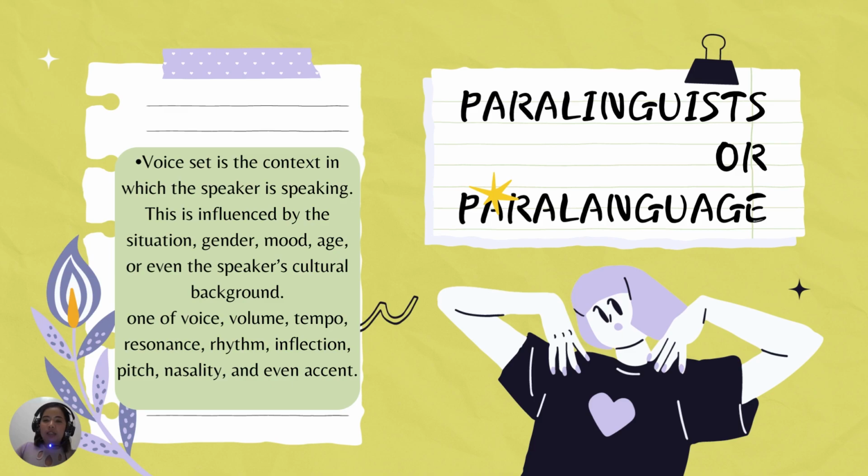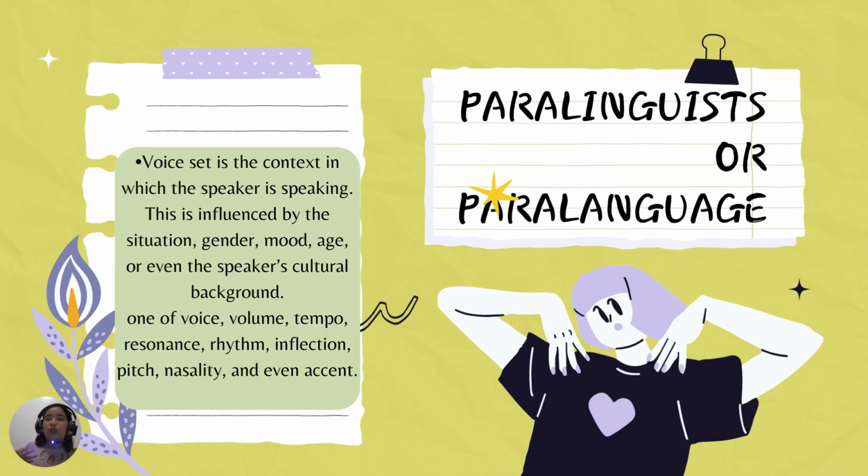So next one, under paralanguage, is the voice set, wherein the context is in which the speaker is speaking. This is influenced by the situation, the gender, the mood, the age, or even the speaker's cultural background. The one's voice, volume, tempo, resonance, rhythm, inflection, pitch, nasality, and even accent. So we try to look into the voice set as where the speaker is speaking.